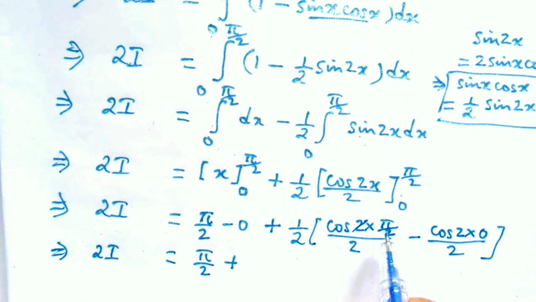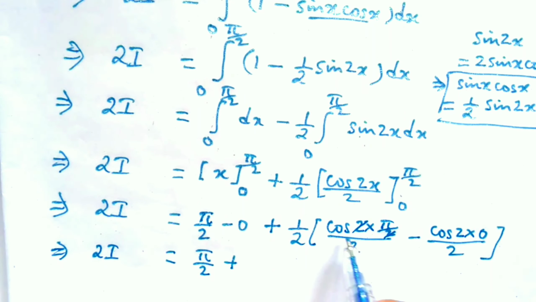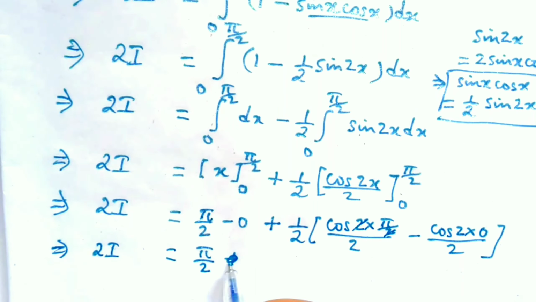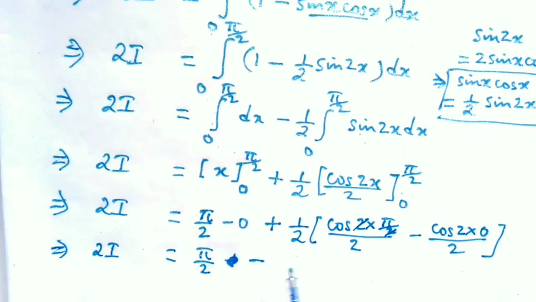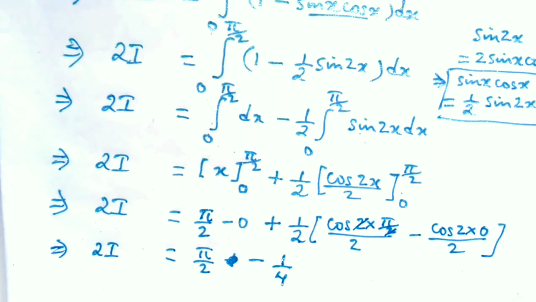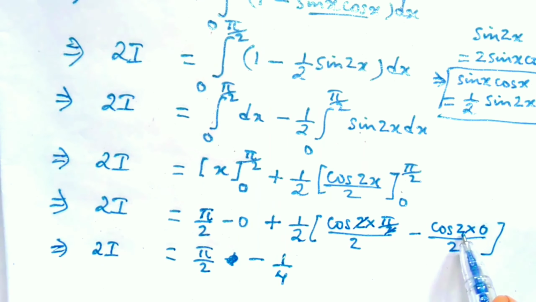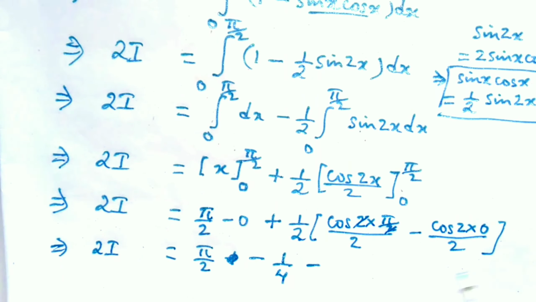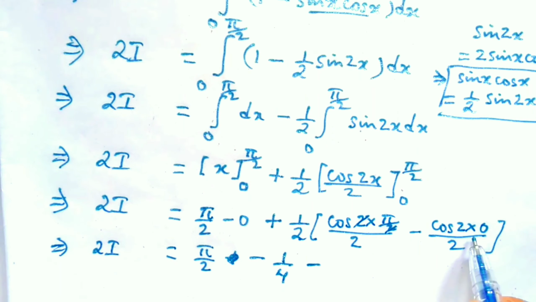Plus, 2 get cancelled, cos pi is minus 1, right? So we get minus 1 by 4. 2 times 2 we get 4. And here plus with minus we have minus, cos 0 is 1.